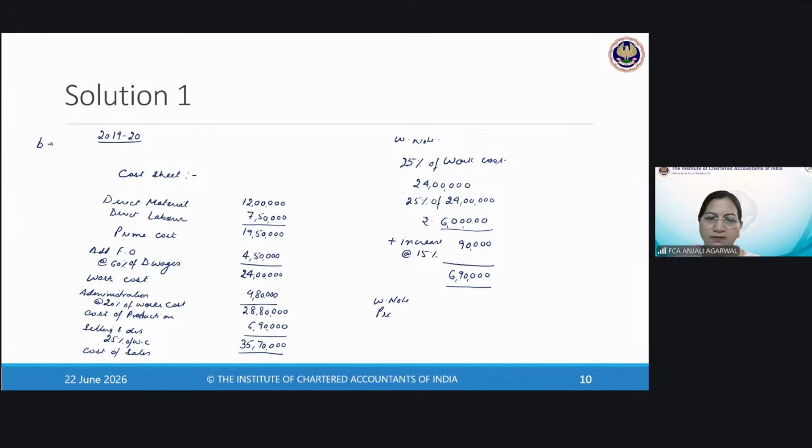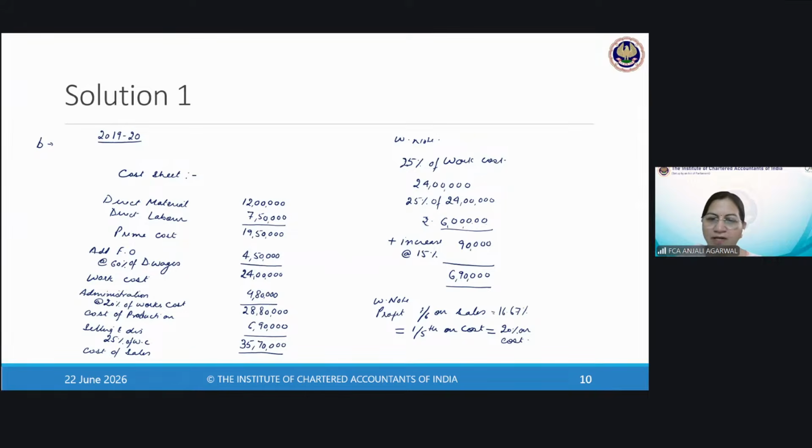Profit is required at 1/6 on sale, which can also be taken as 1/5 on cost, or 16.67% on sales is equivalent to 20% on cost.